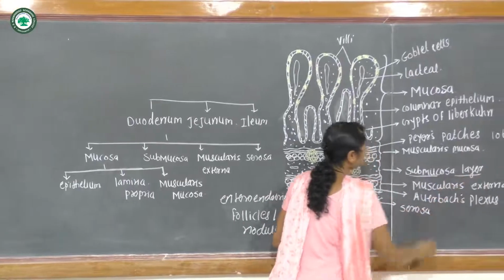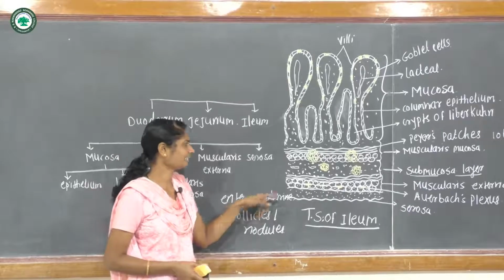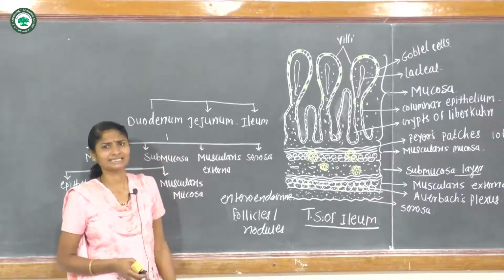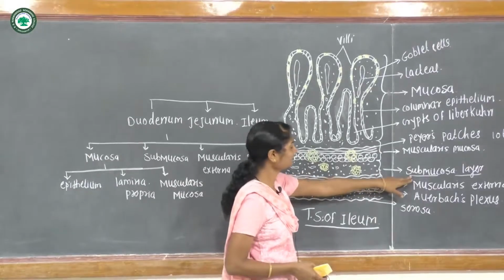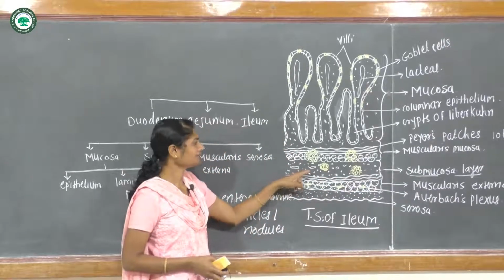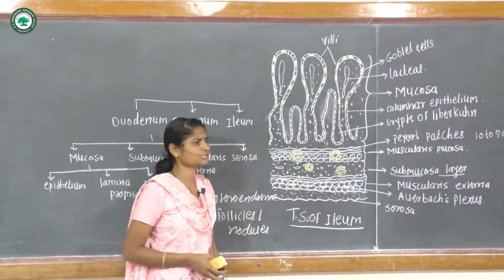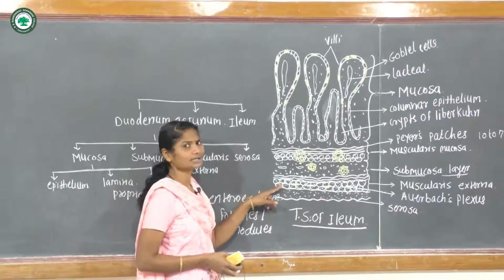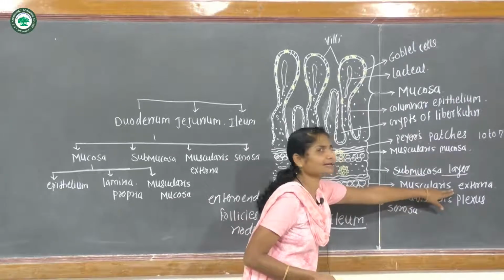In this submucosa layer, loose connective tissue is present as well as large blood vessels. Lymphatics are present. In this submucosa layer, Brunner's glands are absent and Peyer's patches are present in the submucosa layer of ileum.